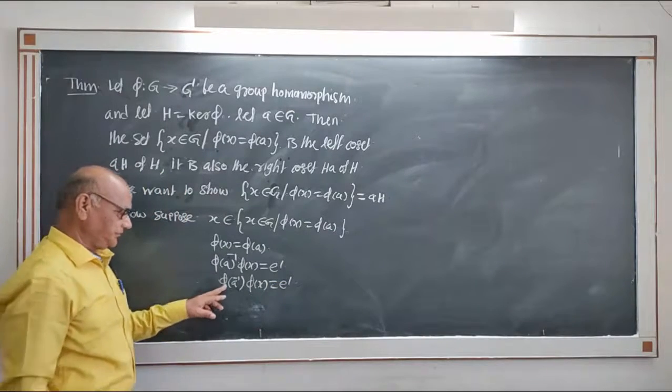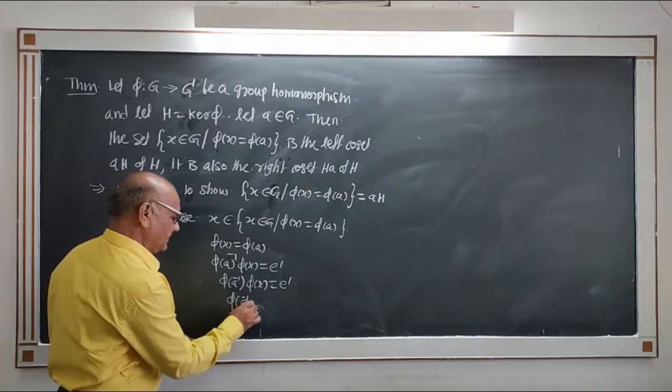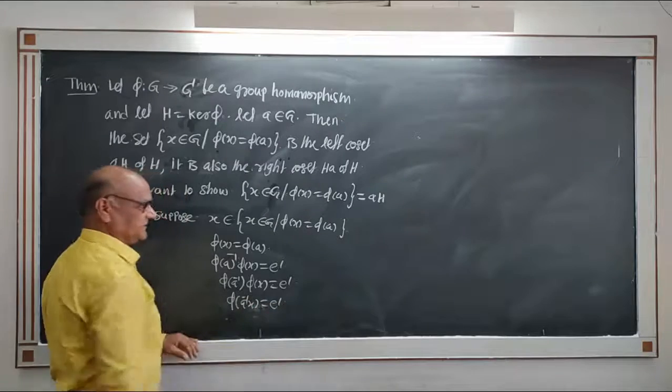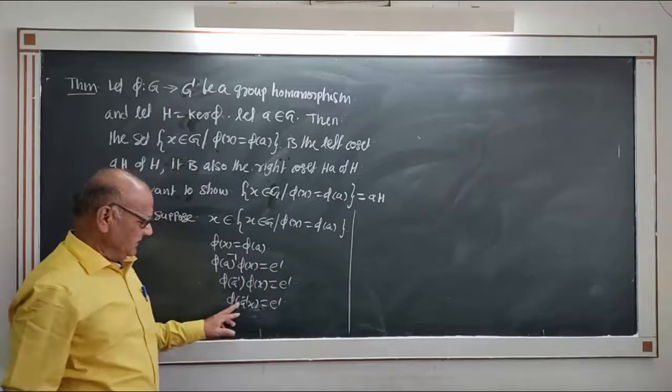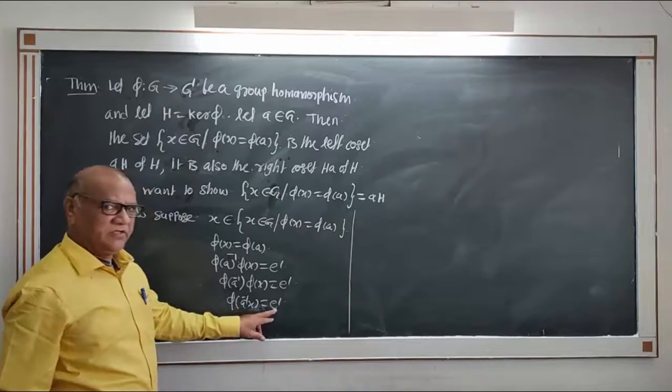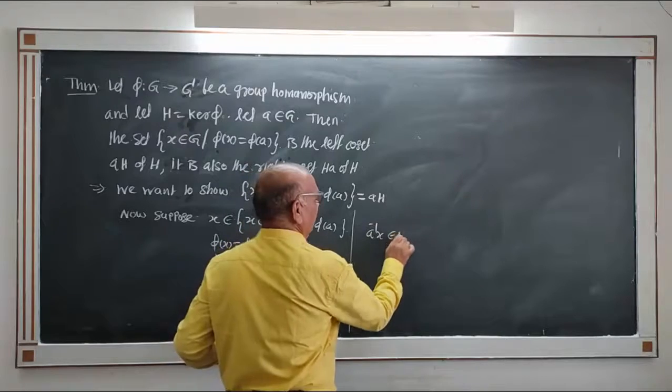Now by homomorphism, phi of A inverse X is equal to E dash. That means the image of this is E dash, so the element A inverse X belongs to H.